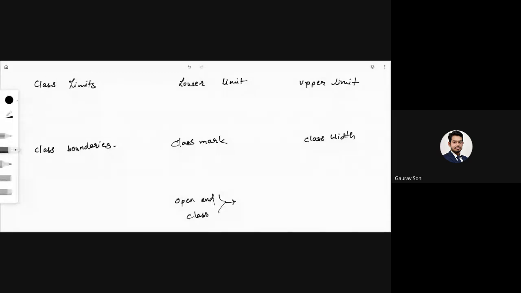The two numbers designating a class interval are called the class limit. And the class limit comprises the upper limit and the lower limit. These are just the terms I'm telling you.